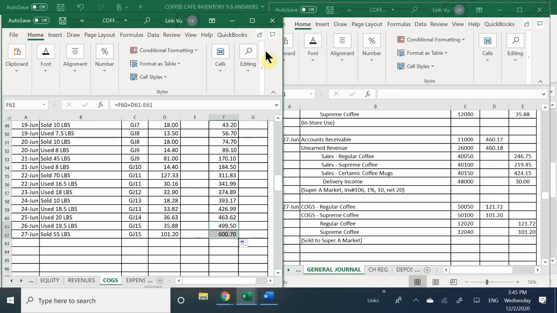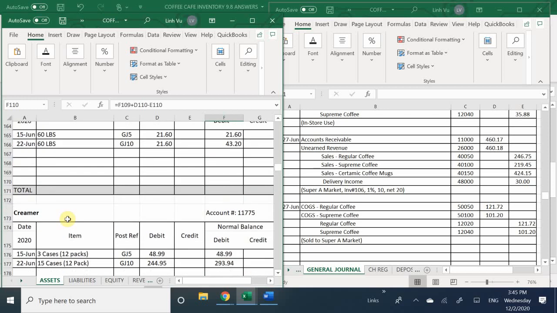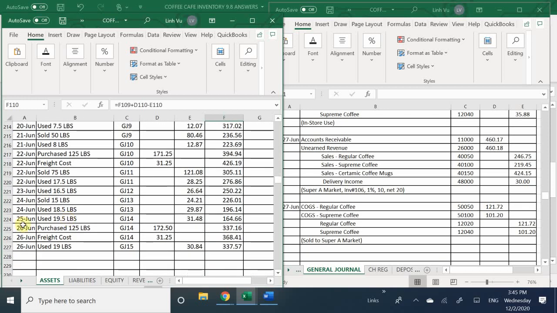And then we will go to assets, under the 120.20. Okay, regular coffee, 6/27.